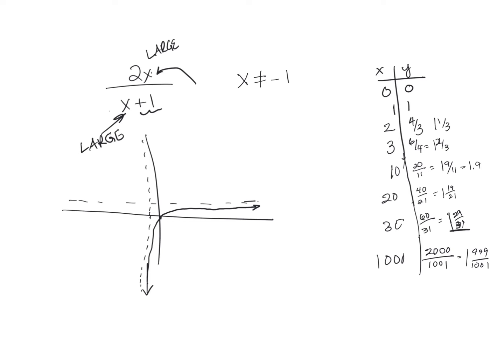Like, if you have $1 million and someone says, oh wait, here's one more, you're like, oh, thanks. Not huge. So you can think of this as being the same as large over large. When it gets really large, this 1 relative to the largeness is not going to make a big difference. And so you can think of this as 2x over x. These x's are the same, they're both really big, and so this just becomes 2.